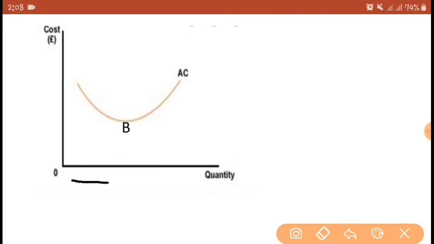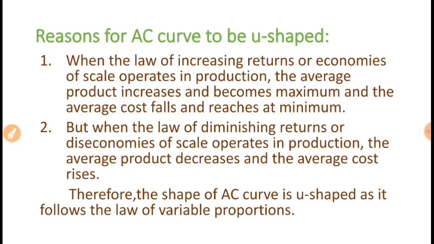When the quantity produced increases along with the production, the average cost ultimately increases because the law of diminishing returns operates in the production. Therefore, the shape of AC curve is U-shaped as it follows the law of variable proportion.